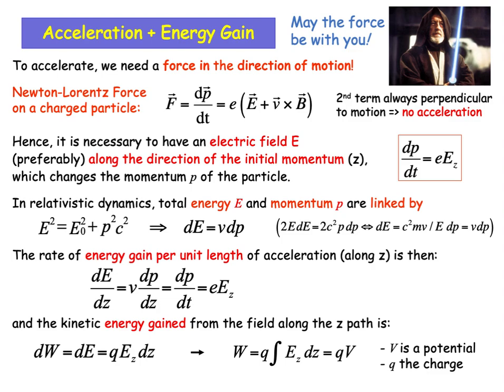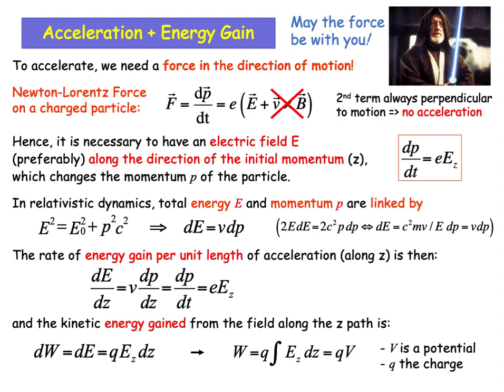Of course, the second term doesn't produce any acceleration; we use this second term for bending the charged particle beam. So it is necessary to have an electric field, preferably along the direction of the initial momentum. The rate of change of momentum is then the charge times the electric field along the z direction.